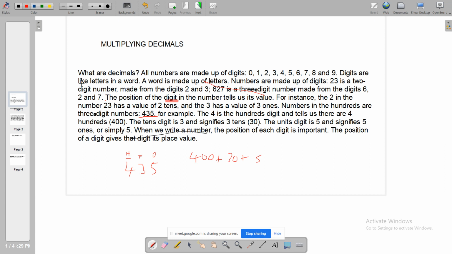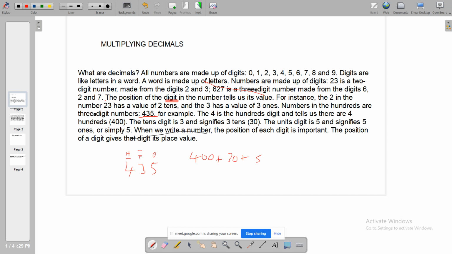If you have a 4 in the hundreds position, it will be 400. That is what it means. A 3 in the tens position will give me 30. 4 hundreds will give me 400, so 4 times 100 gives me 400.